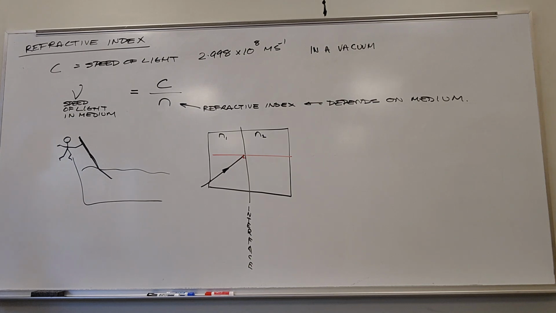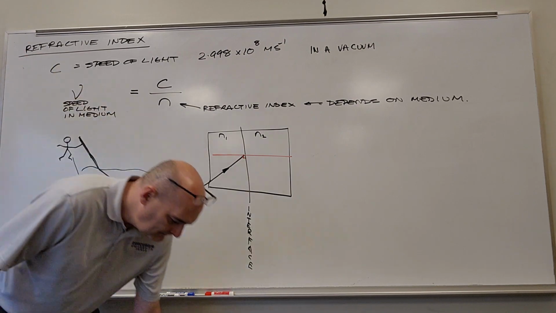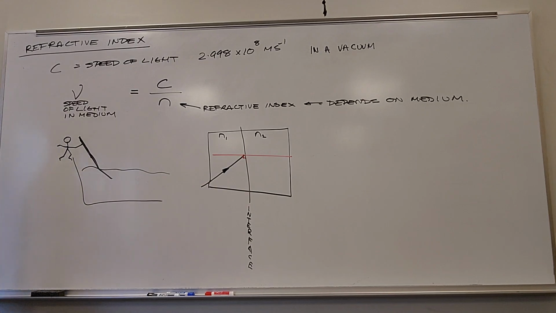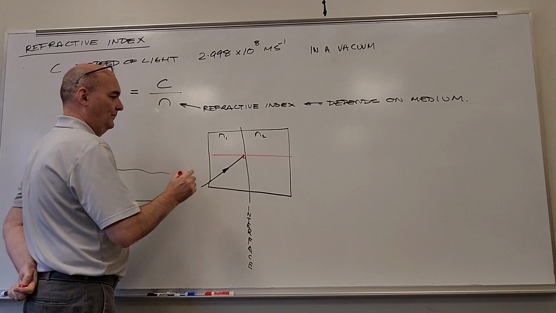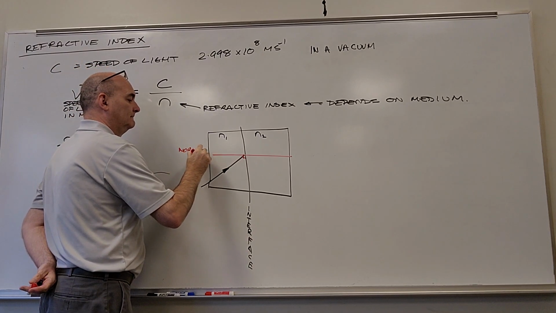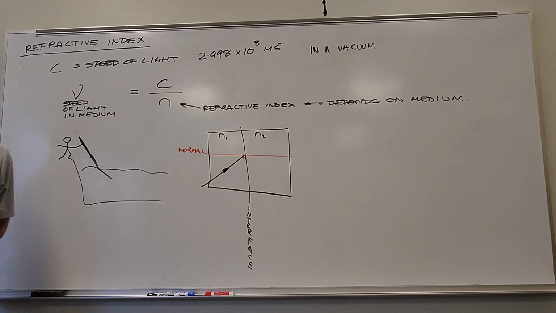A line that is perpendicular to another line is called a right angle. That goes along with the perpendicular part. Oh, that's a normal. Okay.